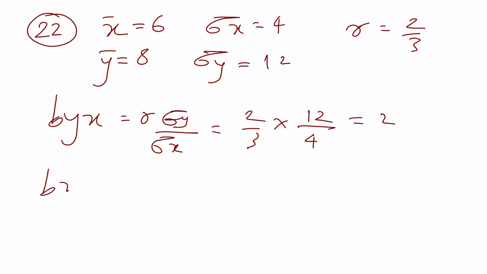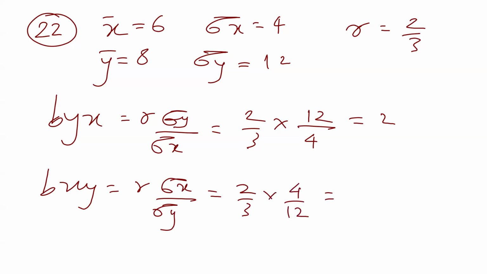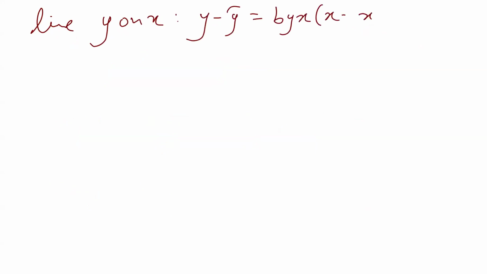Bxy, r sigma x upon sigma y, 2 by 3 into 4 by 12. Okay. So this will be 4 ones are 4, threes are, and this will be 2 by 9. So the two regression coefficients we have calculated. Now we will find out the lines. So line y on x, y minus y bar, byx, x minus x bar.